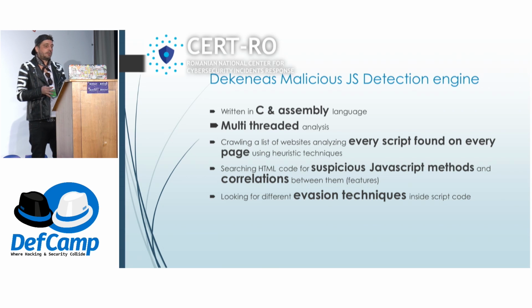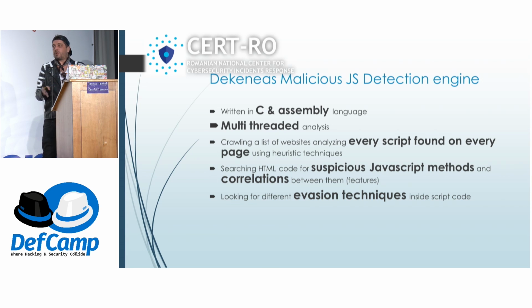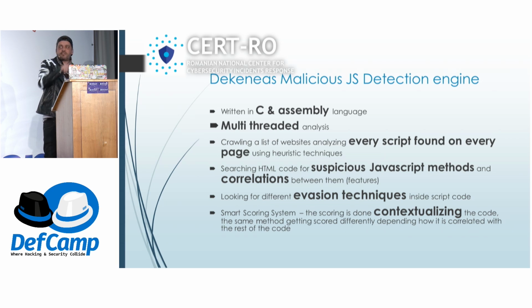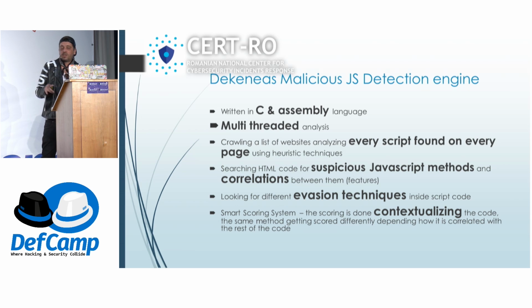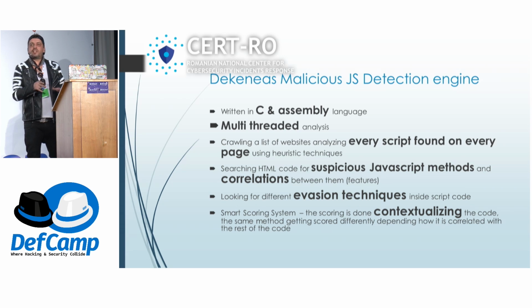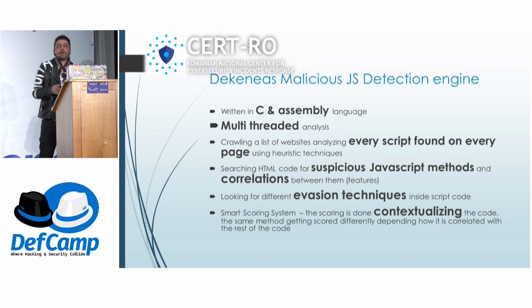So if they were to target a single type of browser, they would choose to only make code that would execute for that certain type of browser. We have a smart scoring system in the way that we contextualize the code. For instance, the same method is scored differently depending on how it is correlated with the rest of the code.